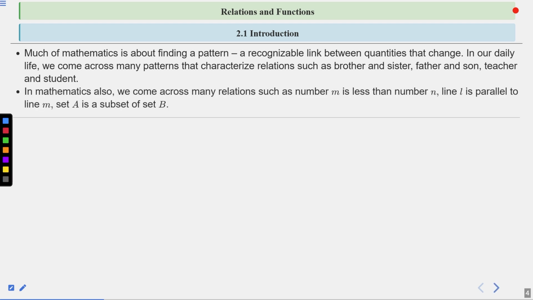So, in mathematics, we come across many relations such as number m is less than number n. Any line is parallel to another line m or perpendicular to it. Set A is a subset of B is also a relation in the context of subsets, or you can also have a superset type of relationship.